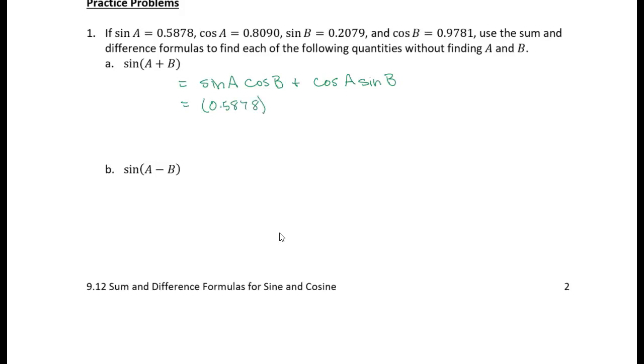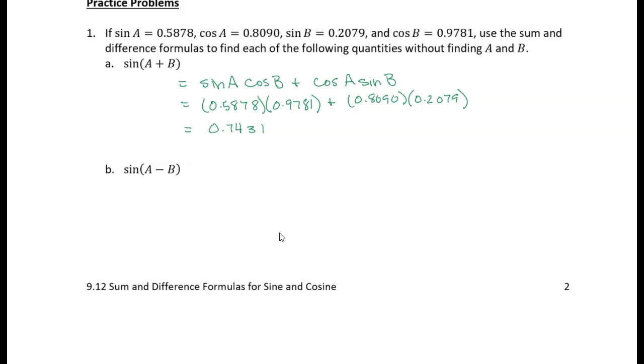So we just substitute that. Cosine of B is 0.9781, plus cosine of A, we're given that 0.8090, times 0.2079. Okay, and then it's just a matter of putting it into your calculator. I put it in my calculator, I get 0.7431.